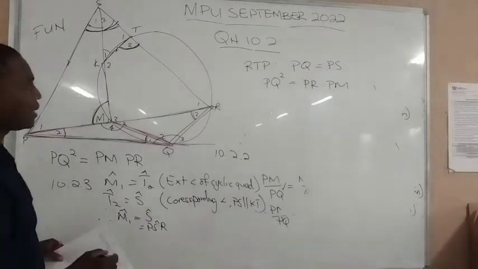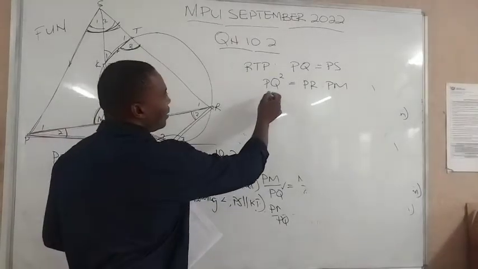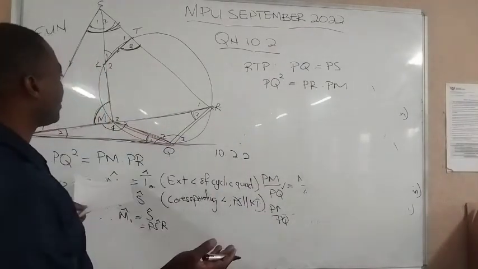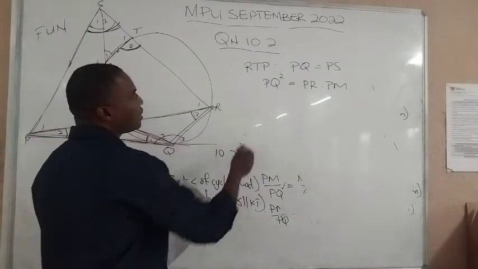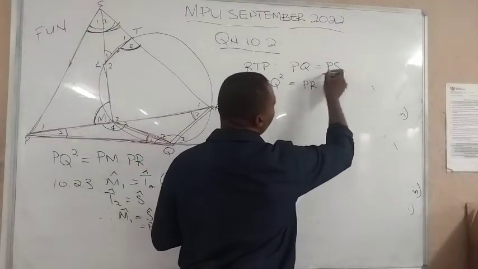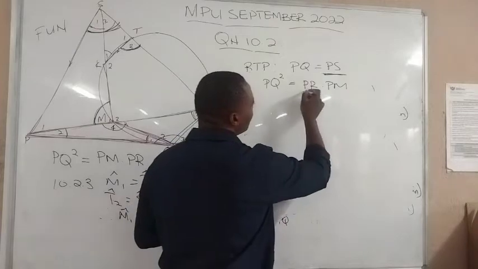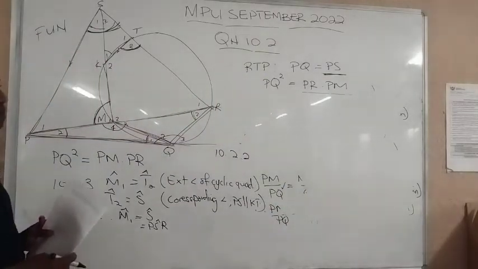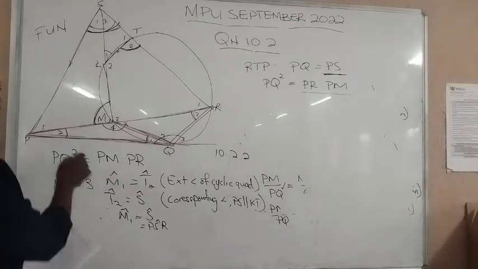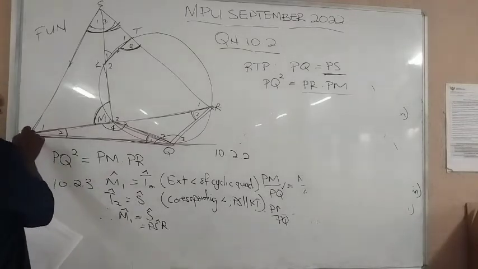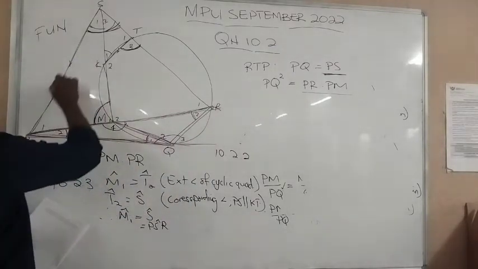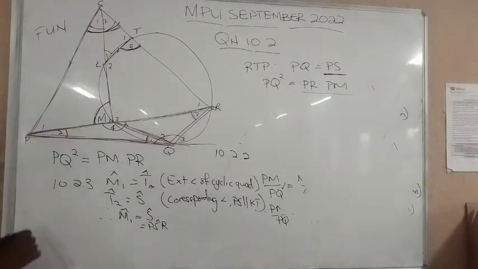So the idea is, since these two lines are far from forming a triangle, it means we have to write PS in terms of PR and PM. And the only way to do that, we see that the line which is PM and PR, it is this line. And this is the line that we want, PS.